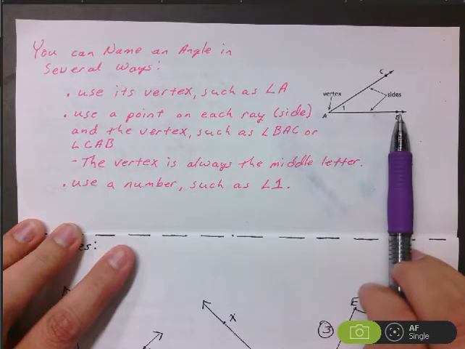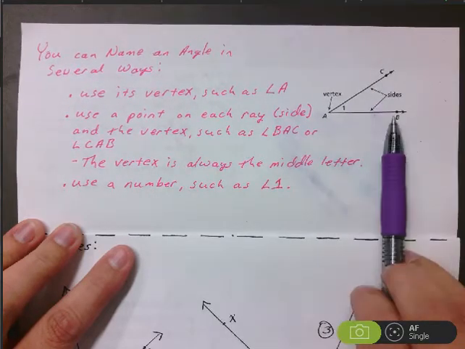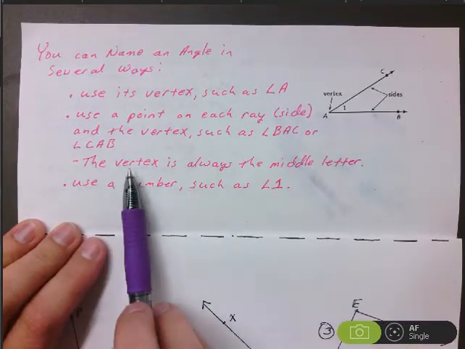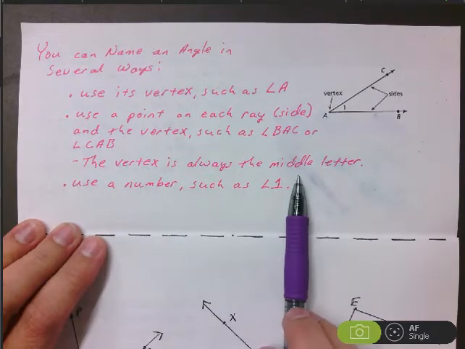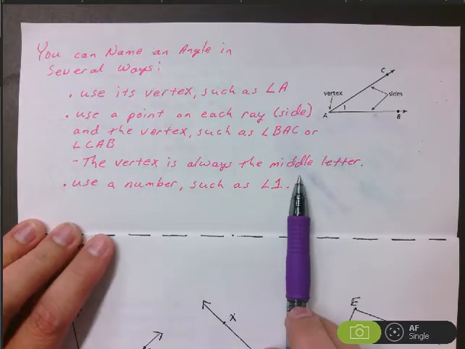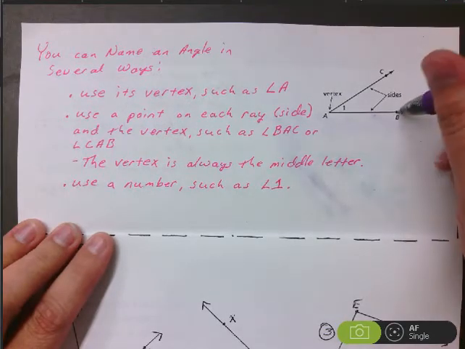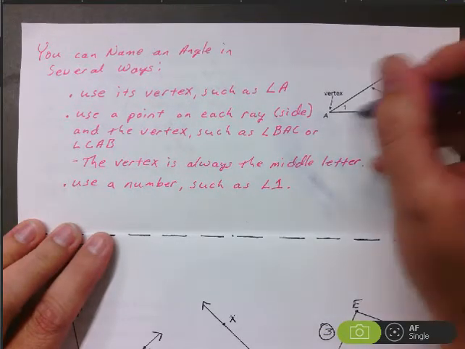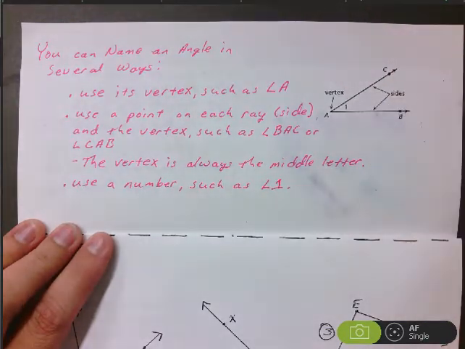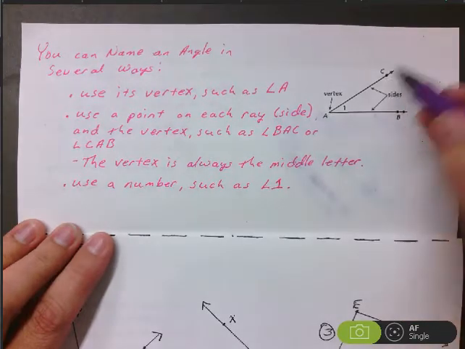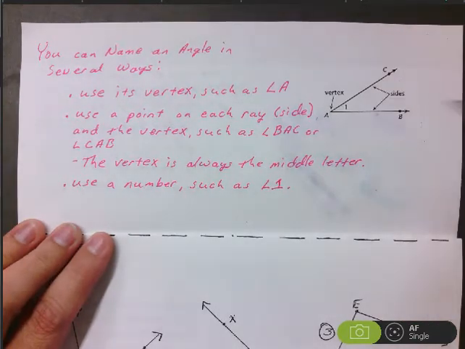So this one would be either BAC or CAB, because we have to have that vertex in the middle. It's always that middle letter. You can kind of think about it as if you have your pencil down on the angle and you were to draw it, what letters would you pass through? What order would you pass through them? So this would be BAC, or if I start up here, CAB.